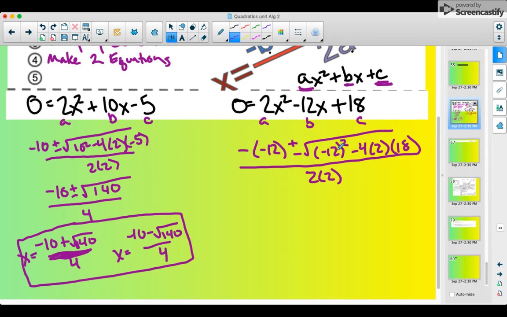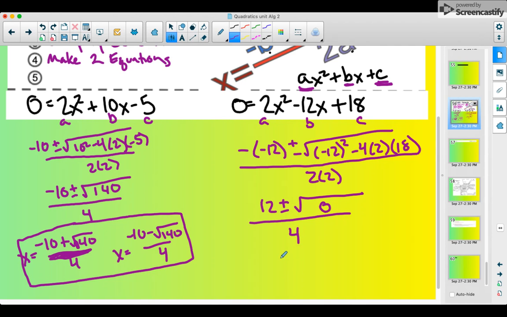So I'm going to take 144 minus 4 times 36. Well, that's 144 also. So I end up with 144 minus 144. Now, when I have this negative idea here, those both cancel each other out and I'm left with just 12.